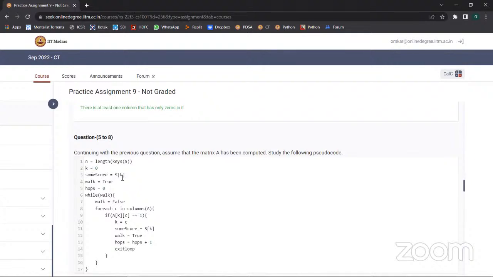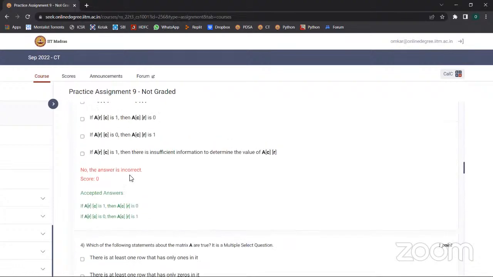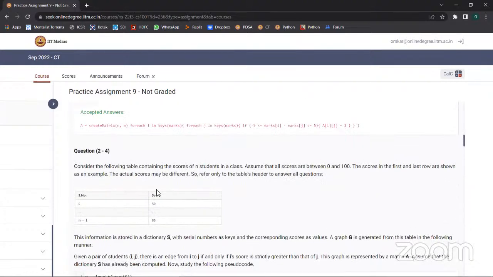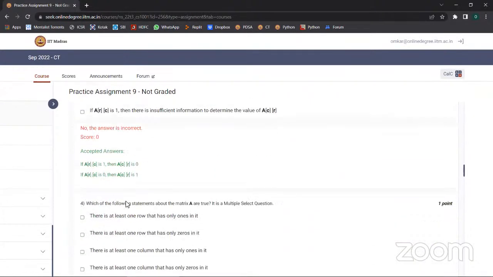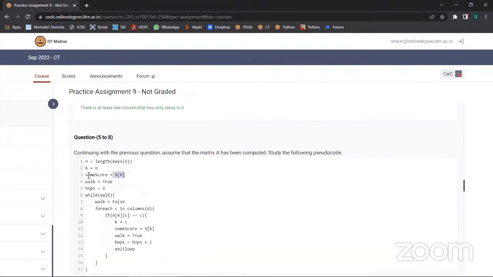Then sum score is S of K. K is just 0. That means S of K is the 0th student's marks, right? So with respect to this, the 0th student's marks are 50. That 50 value will be stored in this variable called sum score. Then walk is equal to true.